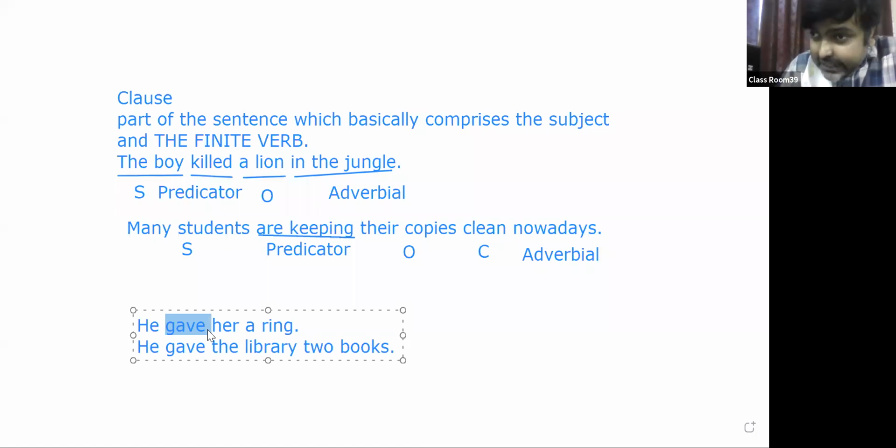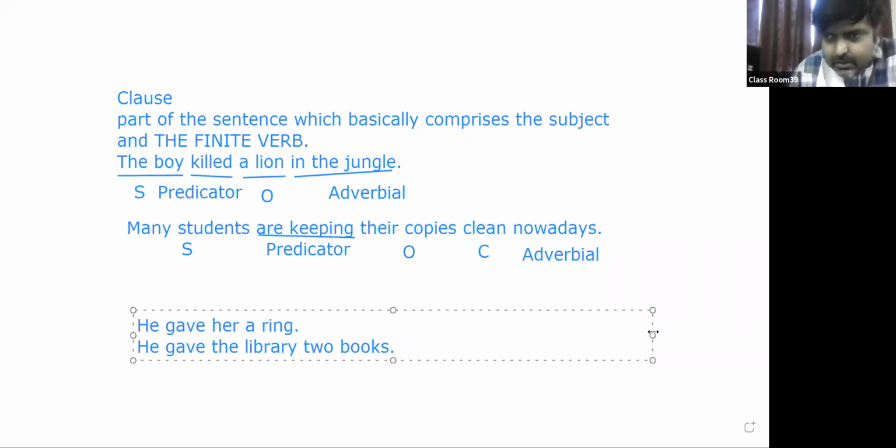Now, when we talk about direct object, एक है direct object और एक है indirect object.